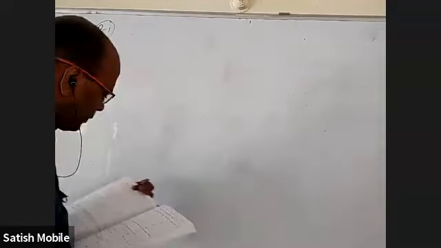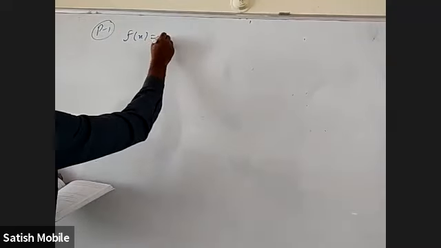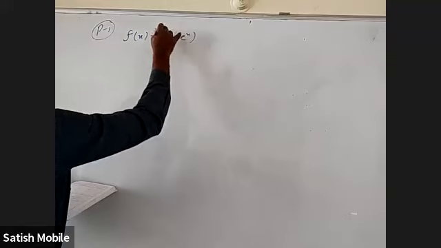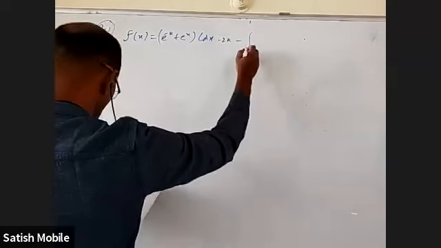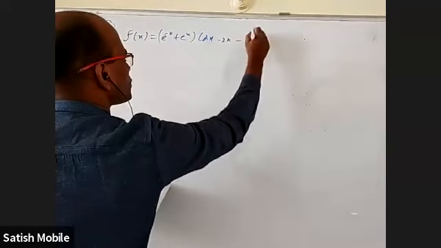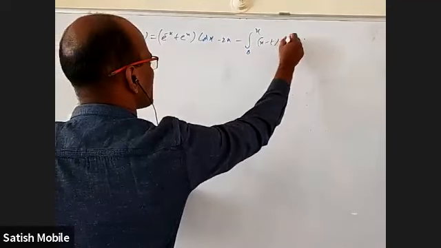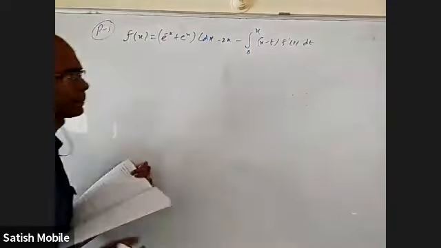The question also involves the fundamental theorem. f(x) = e^(-x) + e^x cos x - 2x - ∫ from 0 to x of (x - t) f'(t) dt. As such it is not a differential equation.